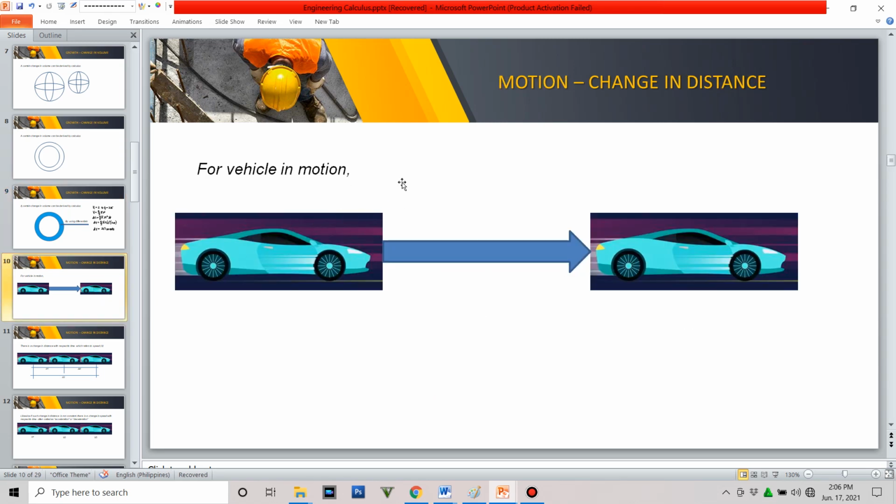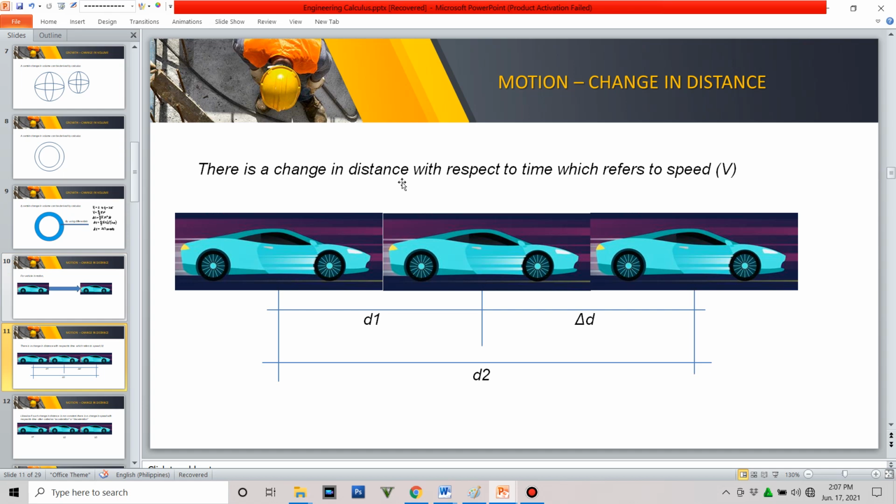With respect to the change in distance, of course, that implies motion, because for a vehicle in motion traveling at a certain distance, there will be a change in distance with respect to time, which refers to speed.